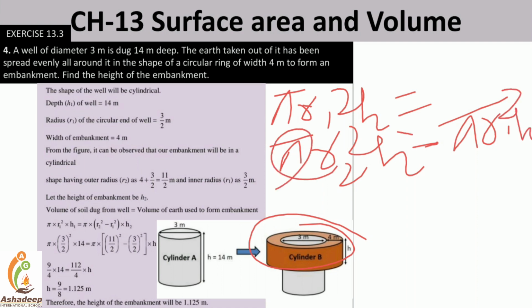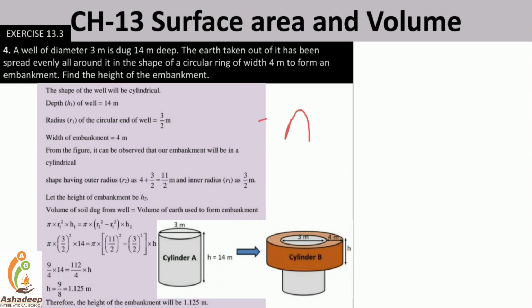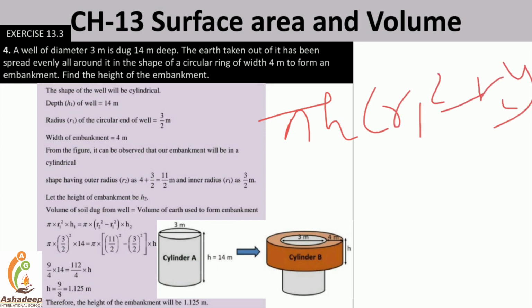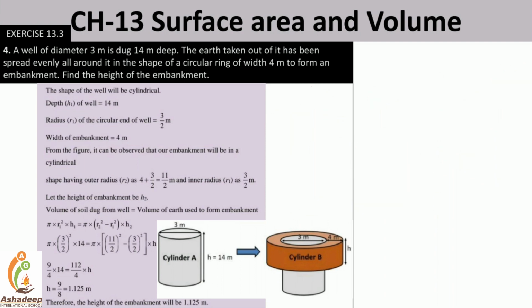Now pi h is common, so we need to take pi h common. Pi and pi cut. Now the other thing, we need to put the values and solve it, and you will get the answer.